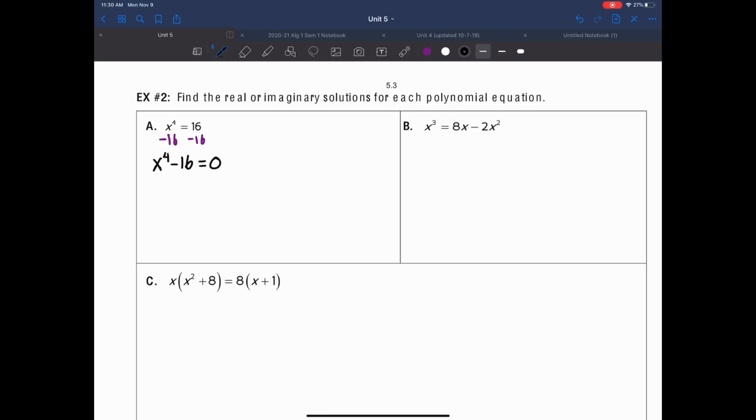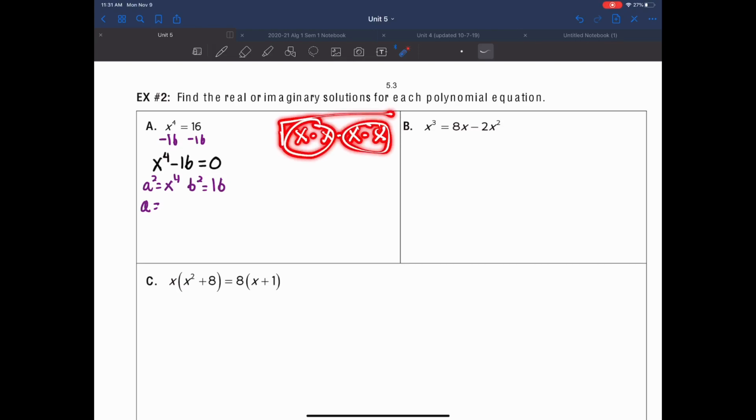I know that a squared equals x to the fourth, and b squared equals 16. So if I take the square root of both sides, a is going to equal, well, the square root of x to the fourth is x times x times x times x. So if I take the square root of that, I have two pairs of x's, which is going to give me x squared.